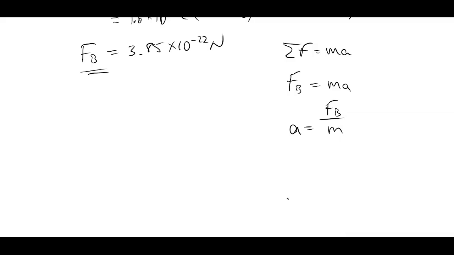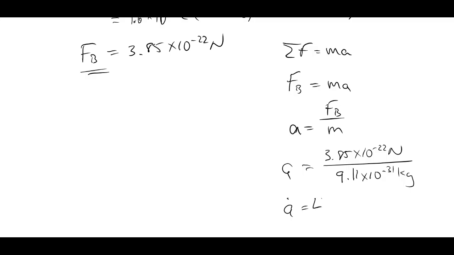So F_B is 3.85 times 10 to the negative 22nd newtons, divided by the mass of an electron, which is 9.11 times 10 to the negative 31st kilograms. And so I get a value of 4.22 times 10 to the 8th meters per second. That's my acceleration.